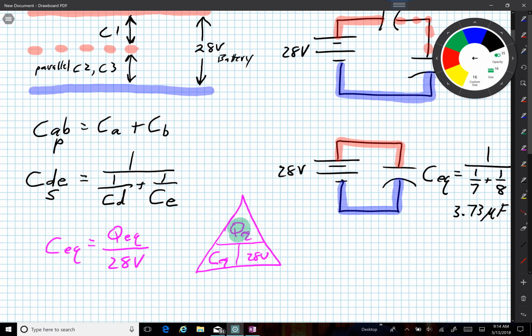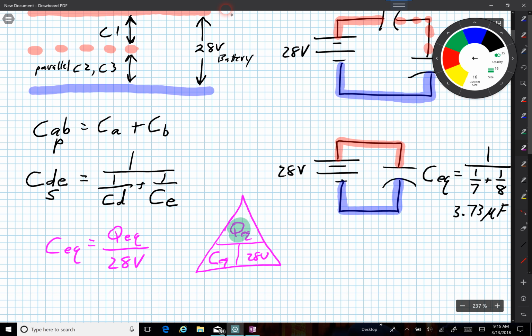If I cover that over, these two are next to each other in my equation triangle, and next to each other means multiply. Over under means divide. Next to each other means multiply.